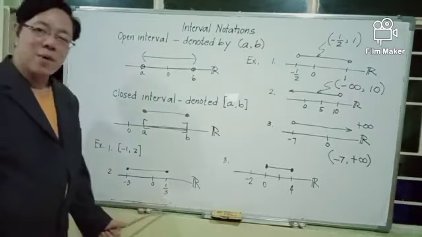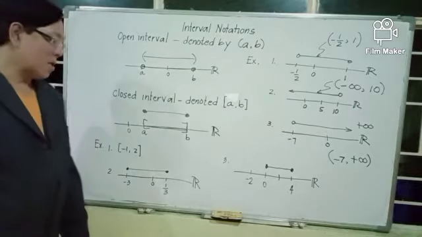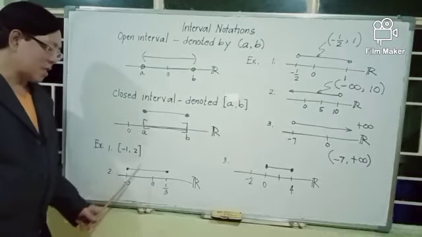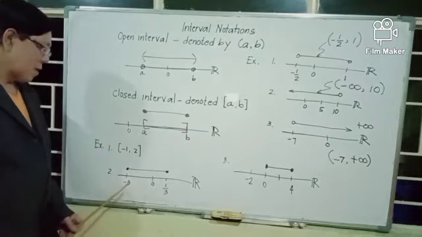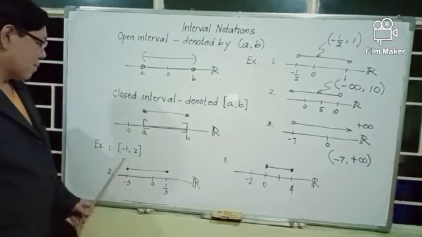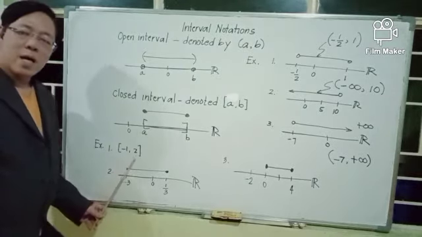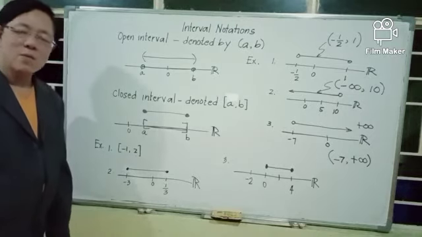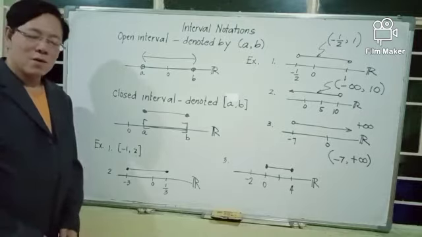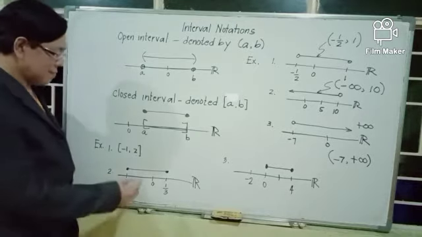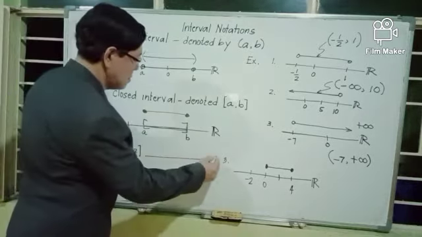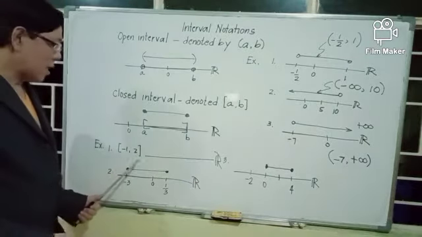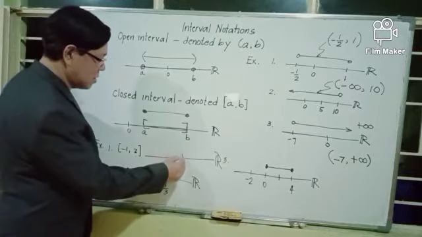We take an example of closed intervals. The closed interval -1, 2 is the set of real numbers from -1 to 2, and the endpoints -1 and 2 are included in the set. We represent that diagrammatically in the real line. And we locate -1 and 2. Suppose this is 0.